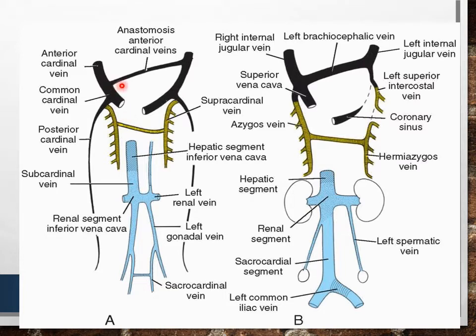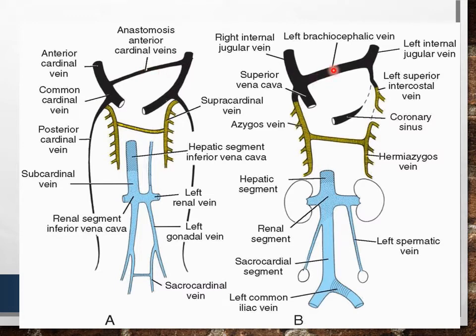You can appreciate one very important thing: in each of these veins there is an anastomotic channel between its two right and left sided corresponding vessels. The right and left anterior cardinal veins have this anastomotic channel between these two vessels.